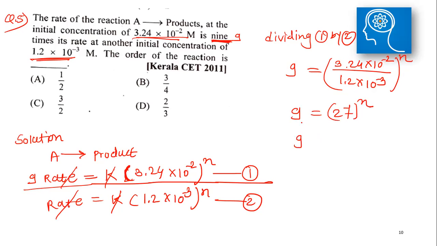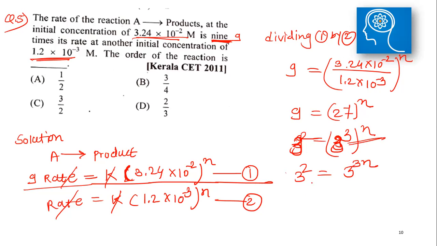And you know that what is the relation between 9 and 27? 27 is a cube of 3. So here we can write 3 cube, and the relation between 3 and 9 is 3 square. So 3 square equal to 3 cube to the power n. So 3 square equal to 3 to the power 3n, law of indices.